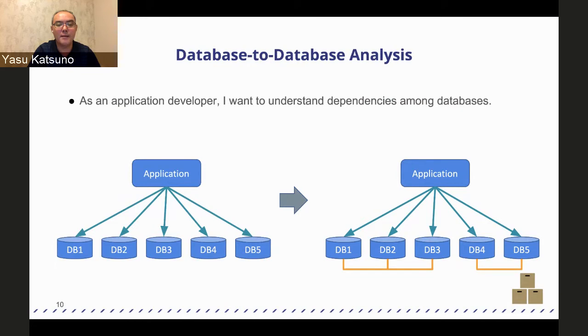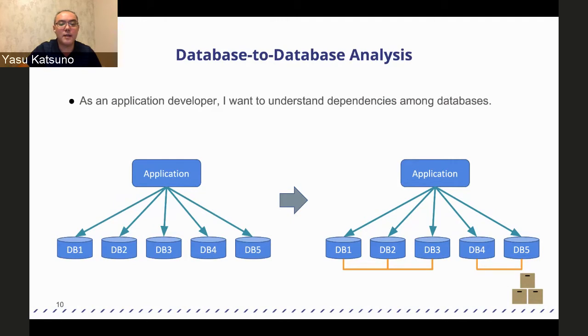DiVA analyzes SQLs that have a dependency. A typical SQL operation is a join. SQL join operations realize multiple database operations at once. When one SQL uses a join operation for DB1 and DB2, then we find DB1 and DB2 have a dependency.